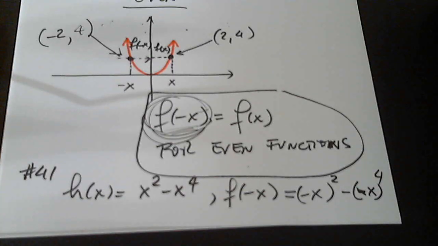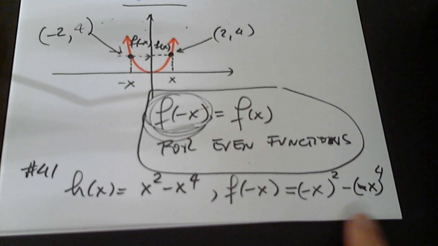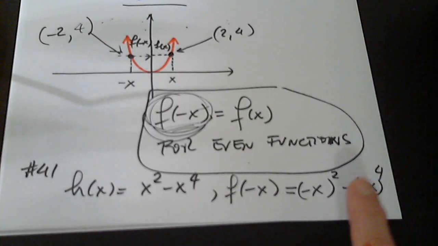So what is this equal to? X squared plus x to the fourth. But remember, negative x to the fourth power is still positive x to the fourth, multiplied by negative 1 in front.